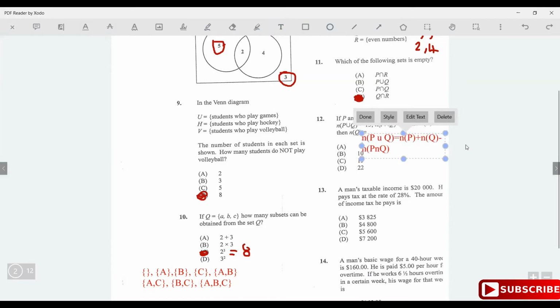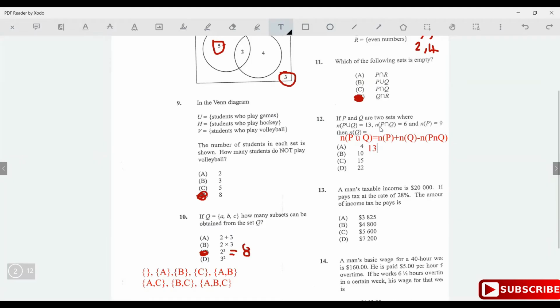And so when we use this formula, we know the number of elements of P union Q. They give us that as 13.